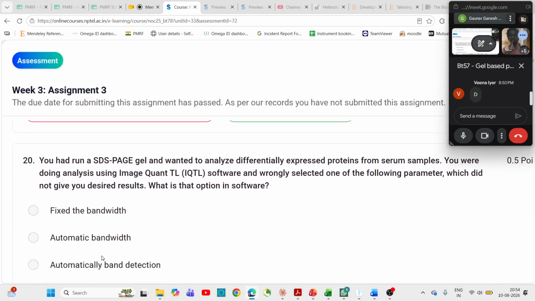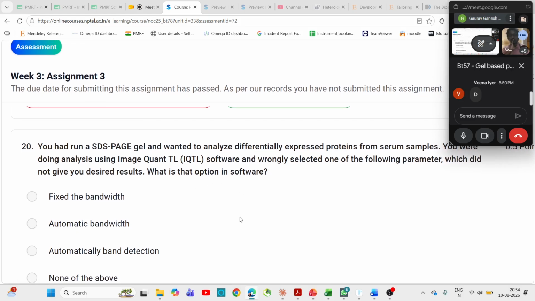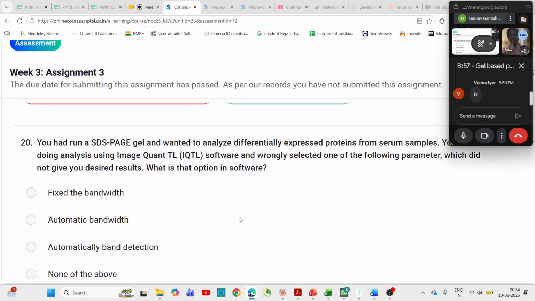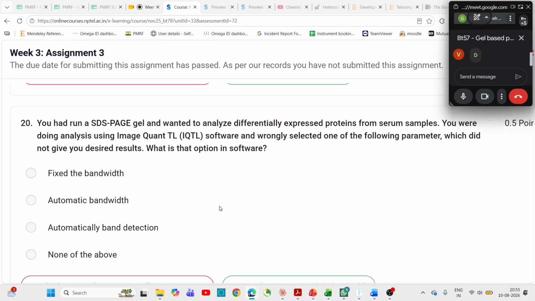You had run SDS-PAGE and you were doing analysis using the software and wrongly selected one of the parameters which did not give you the desired results. What is that option in the software?